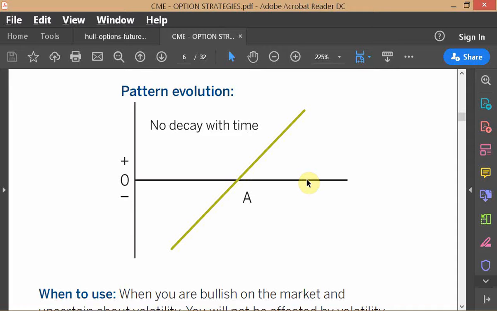So I bought it at 100, now it's at 180, and how much money am I making? 80. So this plot is basically a scenario analysis. It's supposed to show me my P&L for different values of the underlying asset price. Very simple. So here when the underlying asset price value is 180, I calculate that I've made 180 minus 100, I made $80 profit.